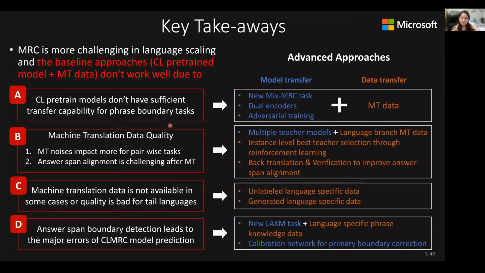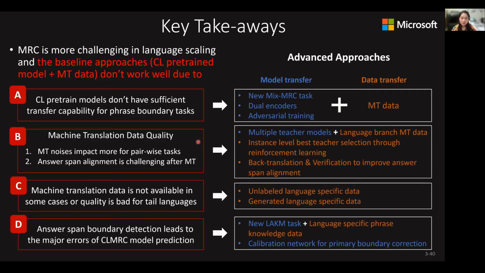Firstly, to address the insufficient transfer capability of the cross-lingual pre-trained model, by leveraging the machine translation data, the new mixed MRC task, dual encoder-based model, and multilingual adversarial training approaches are proposed to enhance the semantic transfer capability across languages.